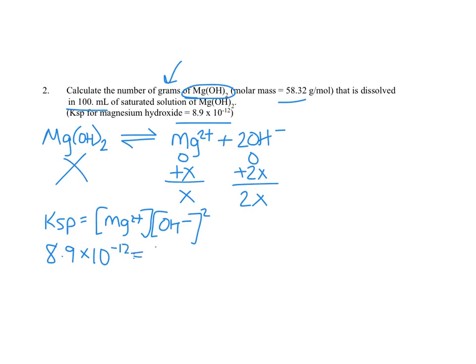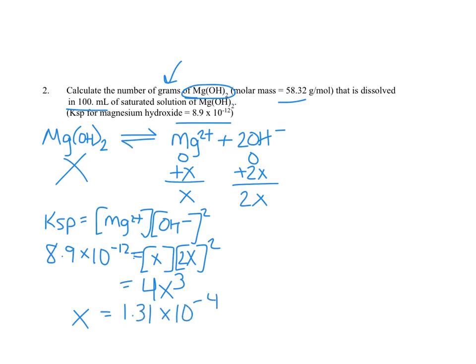And then I'm going to have x and 2x squared, so that's going to equal 4x cubed. Same exact process that we just did in the previous problem. I could have just added this on actually, but that's okay. More practice is better. So when I solve for x, that gives me 1.31 times 10 to the negative 4th.